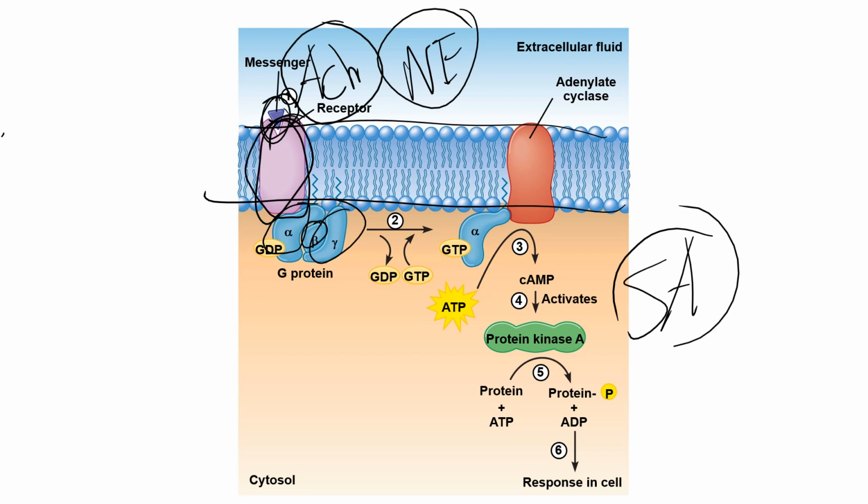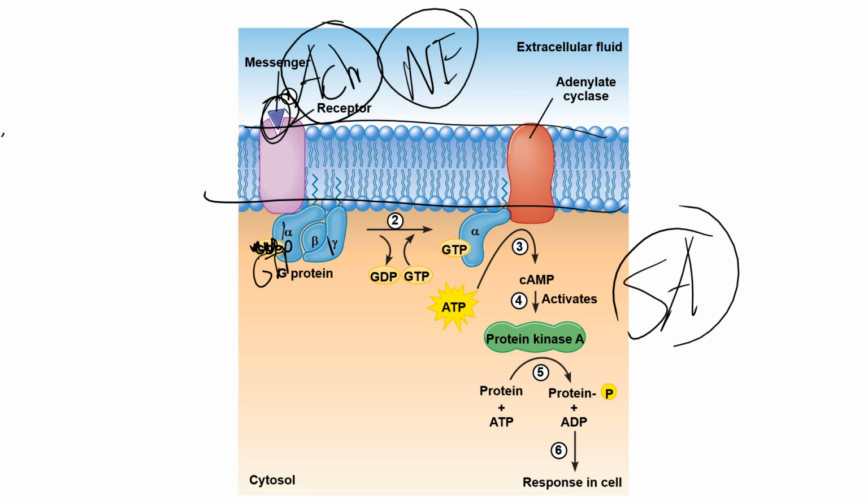And what will happen is the alpha subunit will swap out GDP, guanine diphosphate, that's attached to it, for GTP, as is being depicted here. Okay, the alpha subunit will now have GTP bound to it, guanine triphosphate.